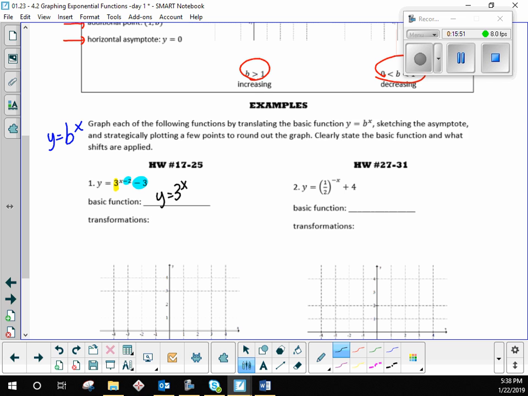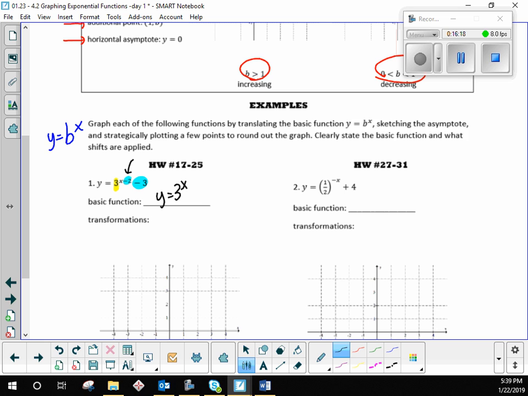Then it asks you to identify what the transformations are. So I highlighted those in blue. The first transformation is the minus 2. Remember, for transformations, you're kind of working from the inside out. That tells you which ones you do first or second, generally, not every time, but in this one it will be.